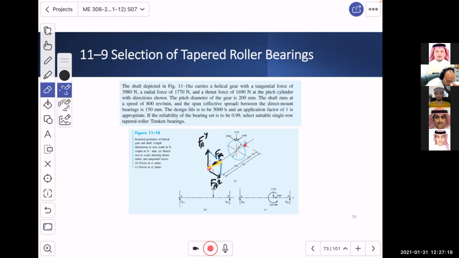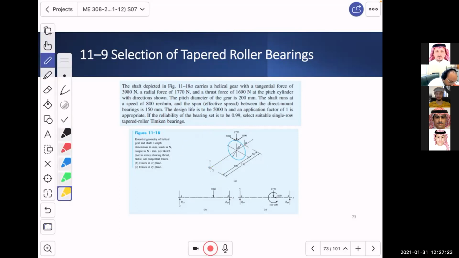Now, what is given to us over here, let me use a better color. The F radial is equal to 1,770 Newton. F thrust is equal to 1,690 Newton. This is on the helical gear. And then we have F tangential. So this is, let's call it axial. This is the thrust.